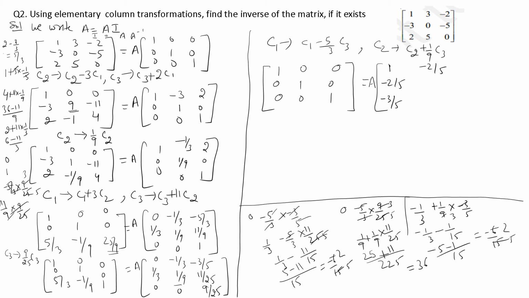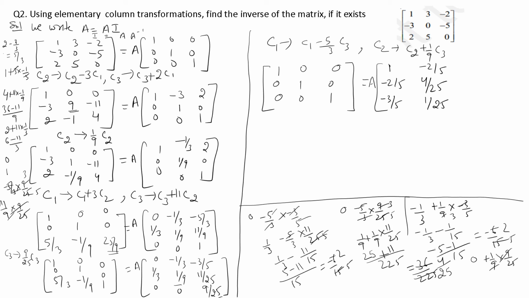So how much? It is 36 by 225. This is 9 4s are 36 and this is 9 2s are 18 and 9 5s are 25. So I'm getting here as 4 by 25. Okay. And the last one is 0 plus 1 by 9 times C3 here is 9 by 25. So this is 1 by 25.